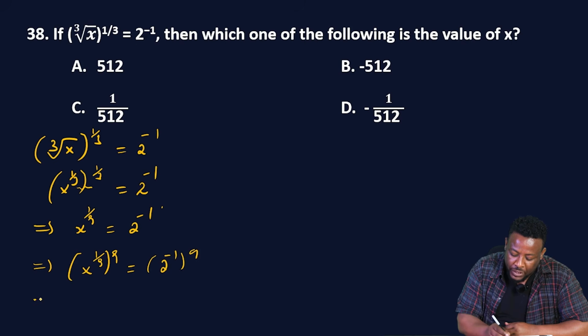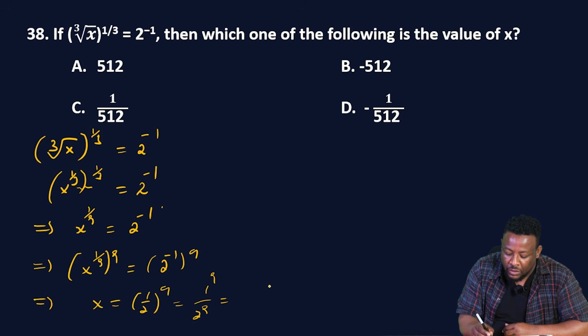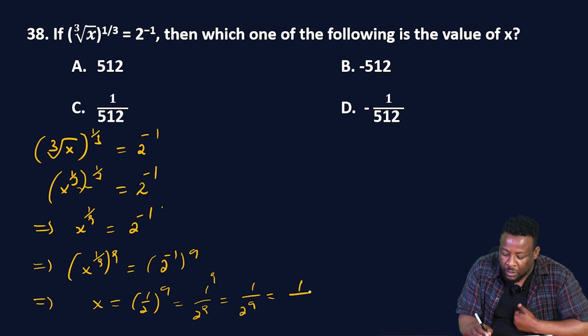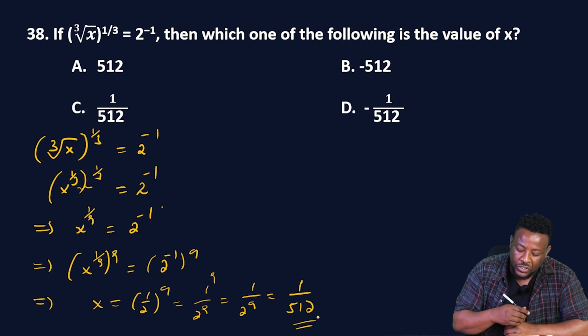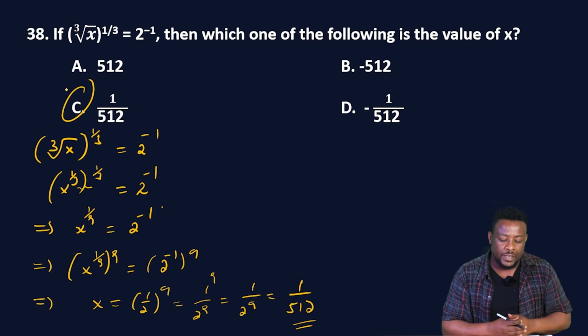Now x becomes 2 the power of -1 is 1 over 2, the whole 9: 1 over 2 the whole 9 ማለት 1 the power of 9 over 2 the power of 9 እንደማለት ነው, which is 1 over 2 the power of 9. So 2 the power of 9 is 512, so ይሄ 1 over 512 ይሆናል ማለት ነው. So the value of x in this question is 1 over 512. So our answer is C.